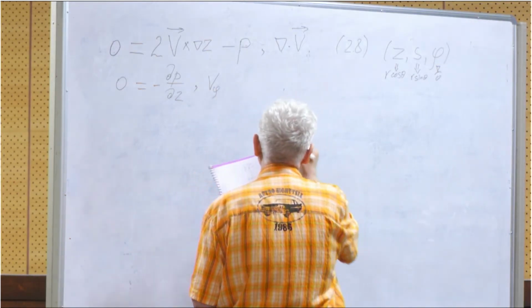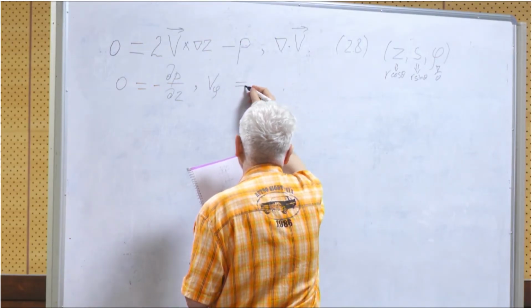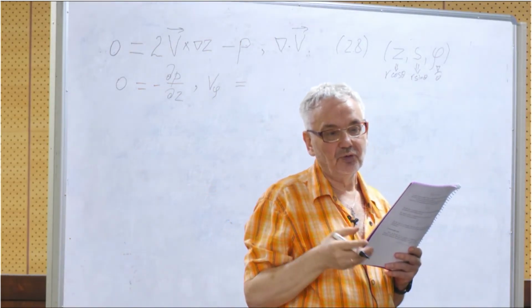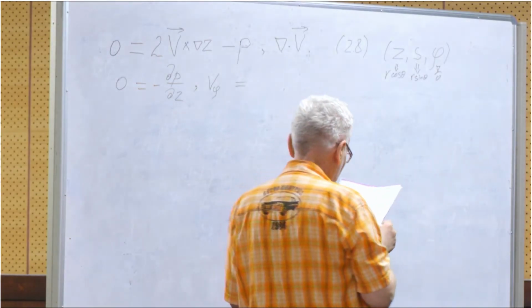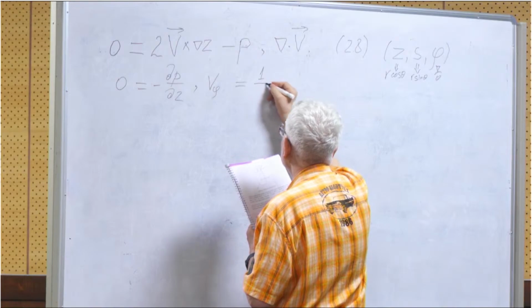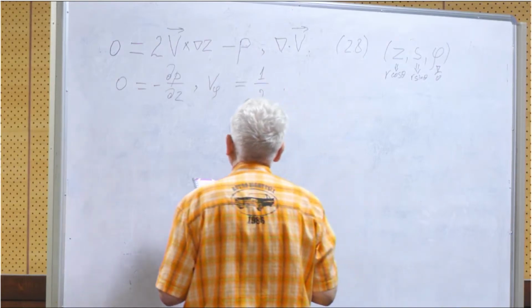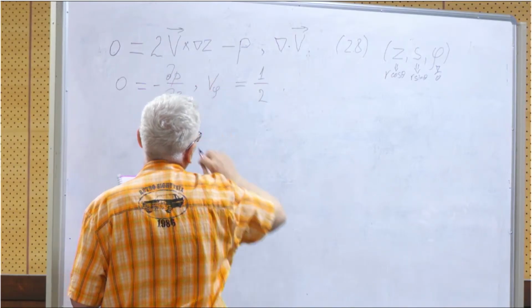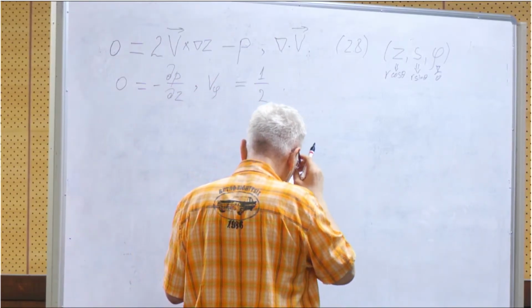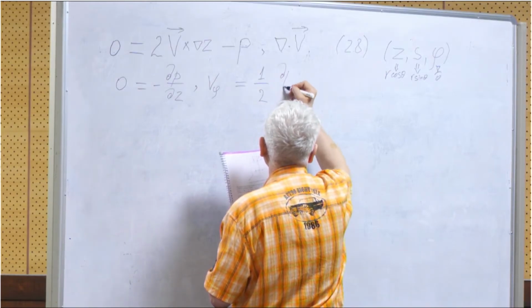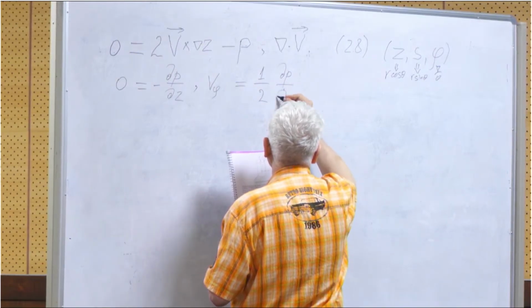Here I just write down the result. And the special task for you will be to understand how it works in detail. And this 1, 2, a half, this half is coming from this 2 when we divide everything by 1 and 2. And it's dp by ds.